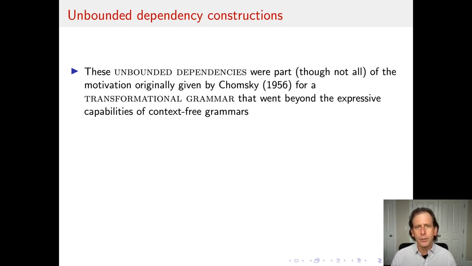And actually, if you look at the entire history of contemporary generative grammar, these unbounded dependencies play a crucial role, and they were motivating in a very important way for the kind of grammatical formalisms that were of interest. In fact, these motivated a step away from context-free grammars to more expressive representational systems.